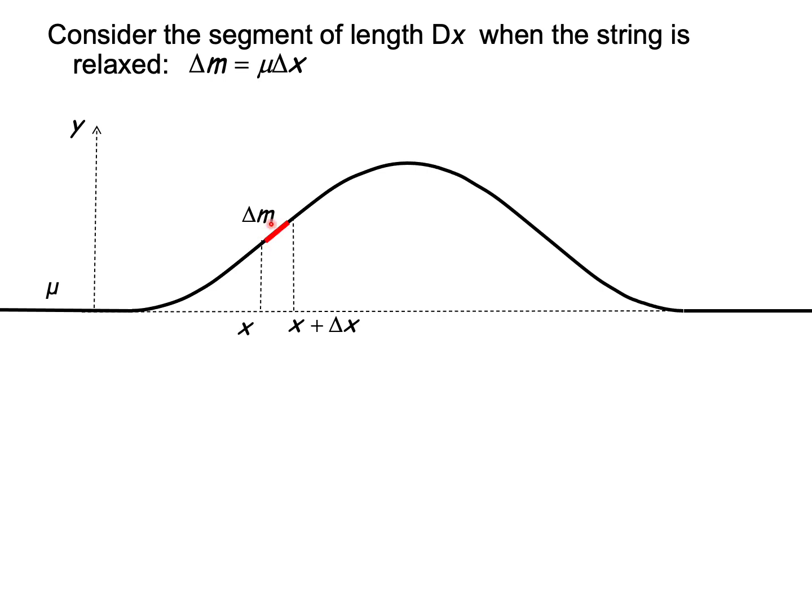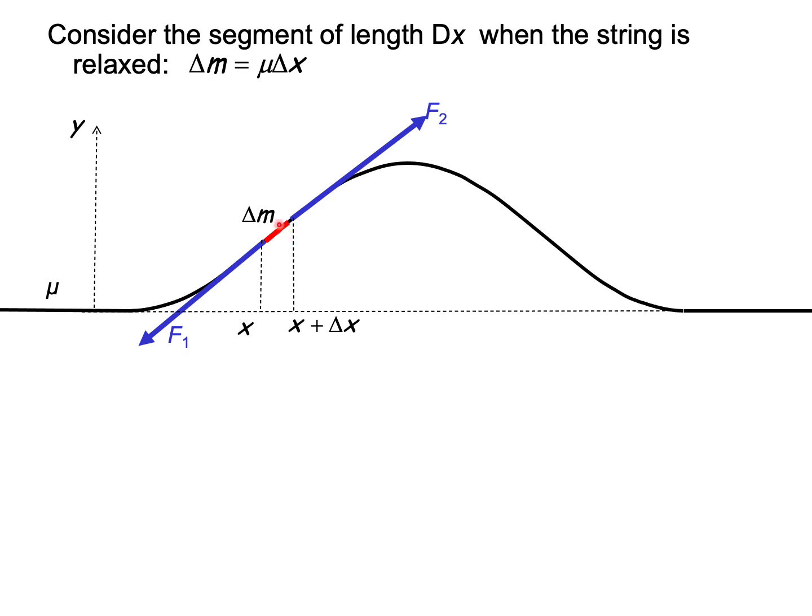Well, this is a transverse wave, so this mass goes up and down. We're going to leverage Newton's second law, F equals ma. We have our m, it's delta m, and we know that the acceleration is purely in the y direction. There's no acceleration in the x direction, since this is a transverse wave.